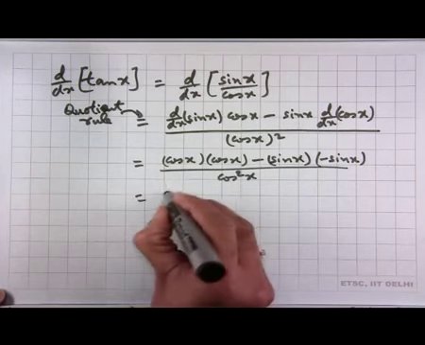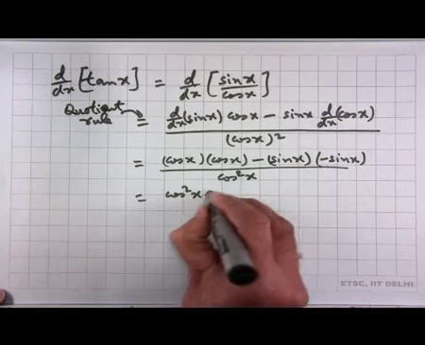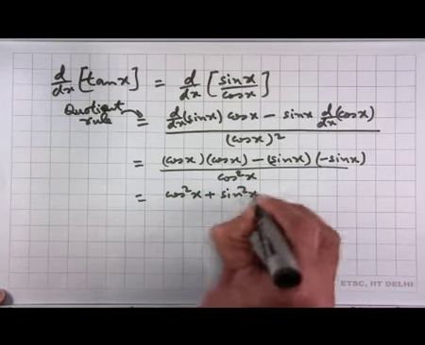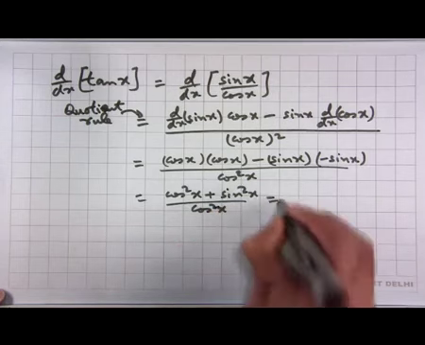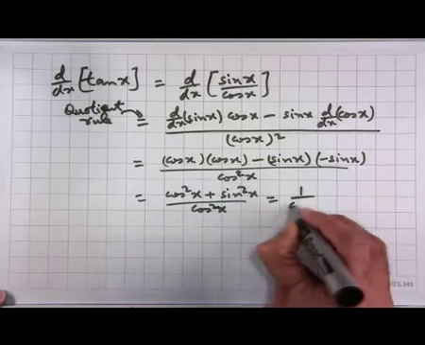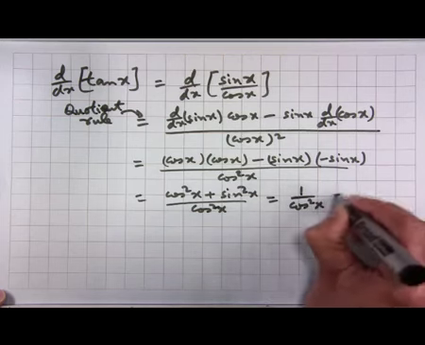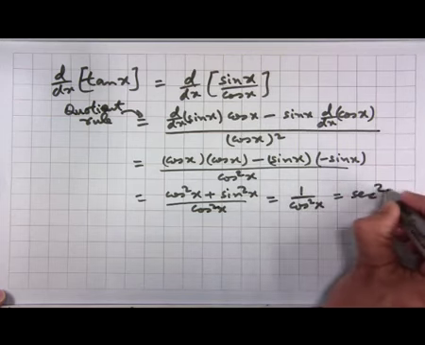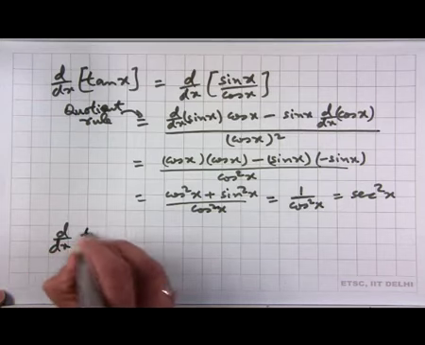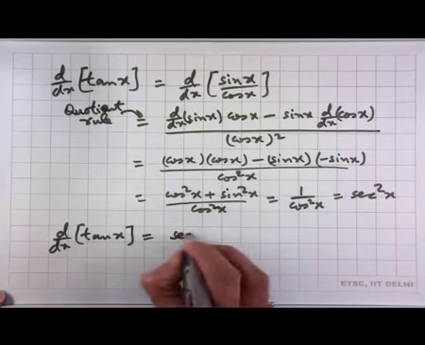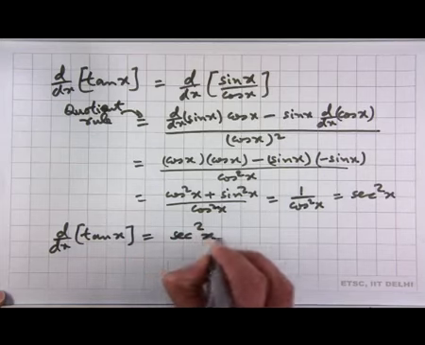So, we get in the numerator cos square x plus sin square x divided by cos square x, but you know that cos square x plus sin square x is 1, so this is 1 by cos square x, which is equal to secant square x. So, what we get is the derivative of tan x is secant square x.